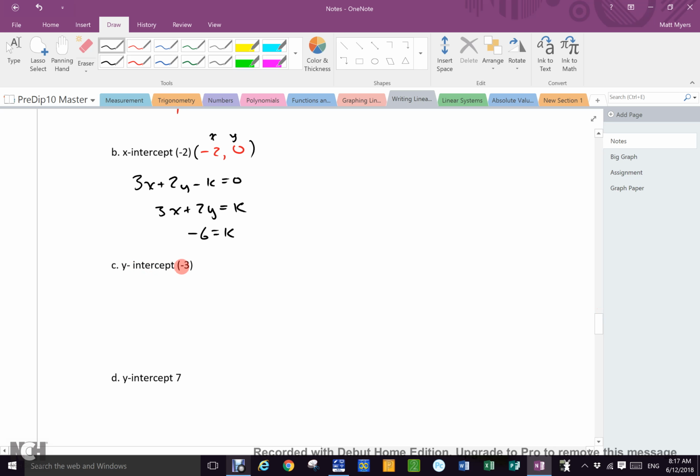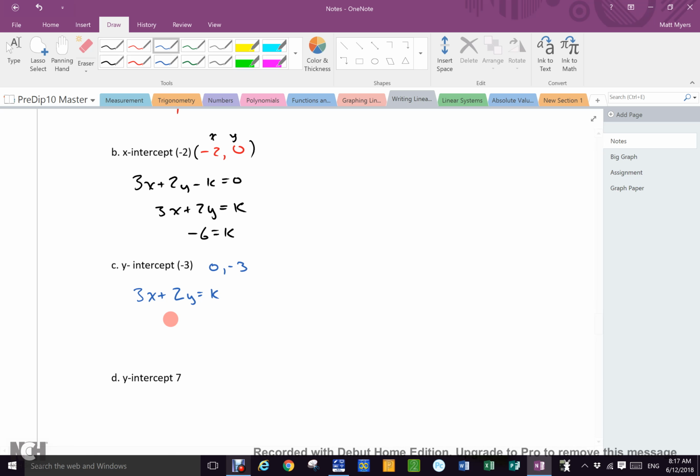What is this guy's coordinates? Zero, -3. And 3x plus 2y equals k. So what is on this side? Not the x.